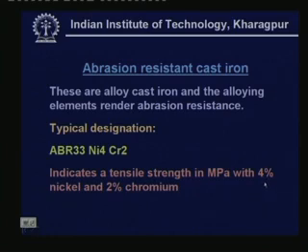The designation is again similar: ABR 33 Ni4 Cr2 indicates abrasion resistant, 33 is the tensile strength, with 4% nickel and 2% chromium. This is one typical designation of abrasion resistant cast iron.